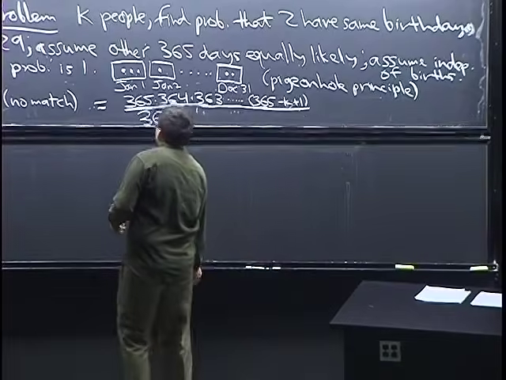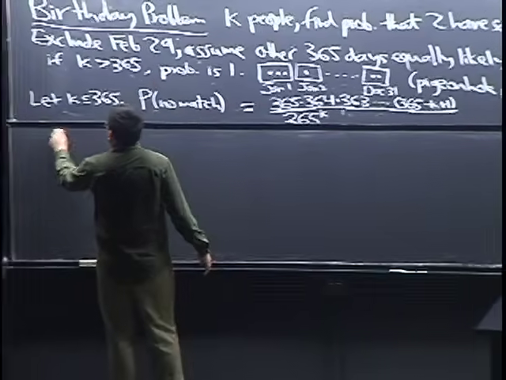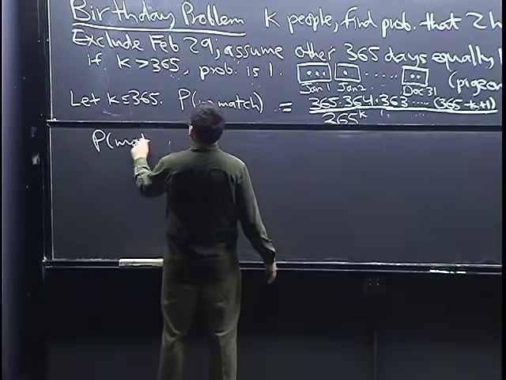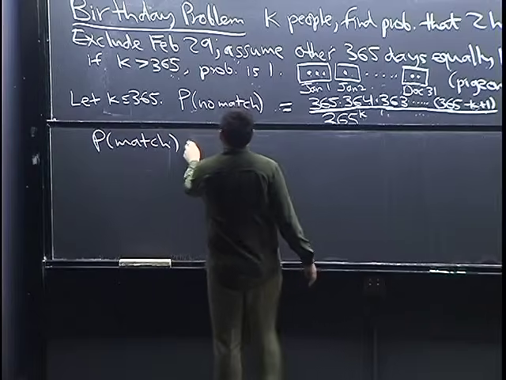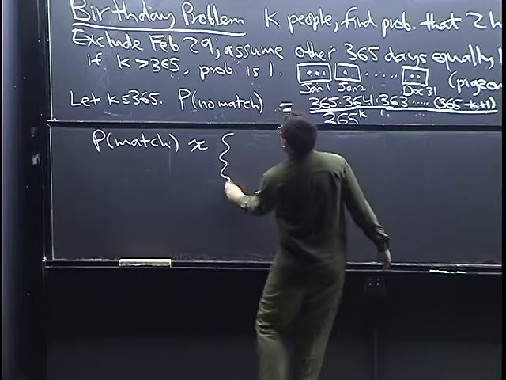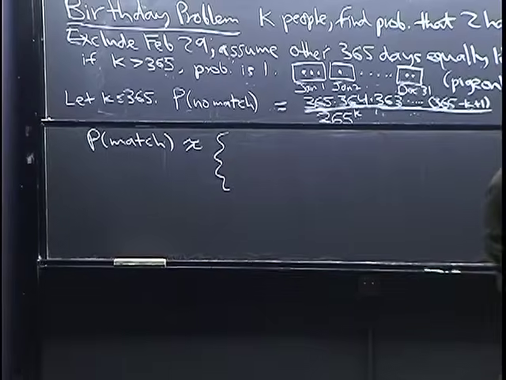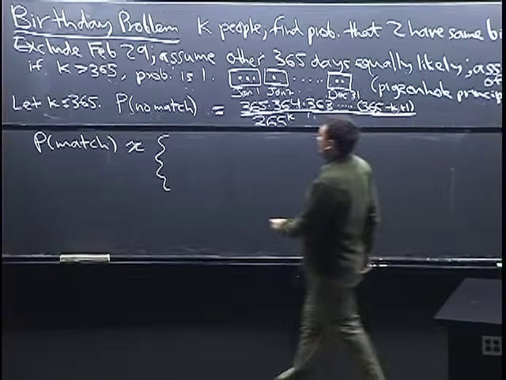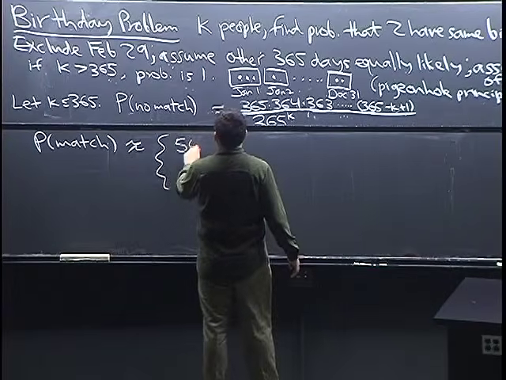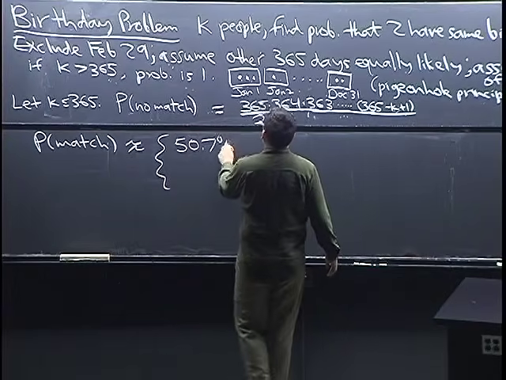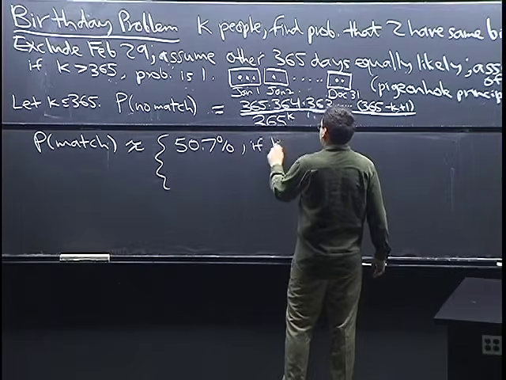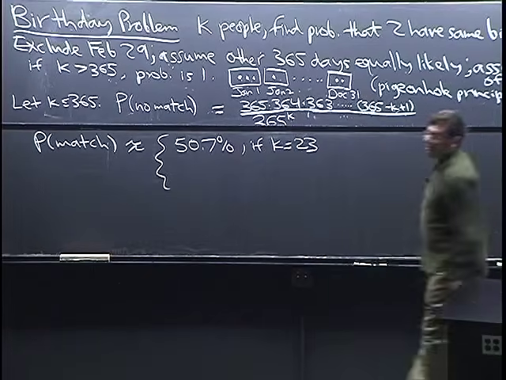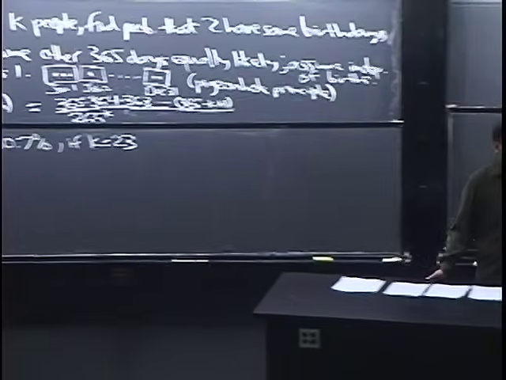And if you do the computation, what you get for the probability of a match, as I mentioned, is a little above 50%. So this is 50.7% if k equals 23. So that's the first case where it exceeds 50%.